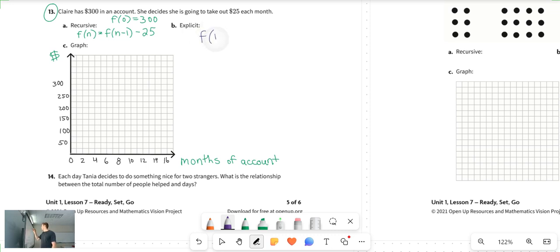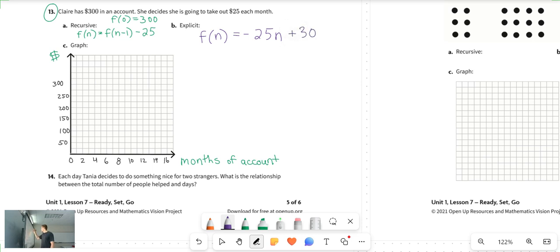So explicit function f of n equals. Now we're going to lose $25 each month. Or not lose it, but she's going to take it out. So minus 25 times the number of months, right? And the number of months is n. So she's going to take $25 per month out. And then we just have to make sure what we are starting at. Well, we start at 300, right?